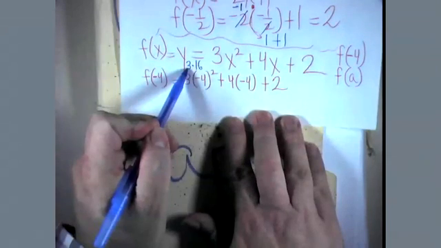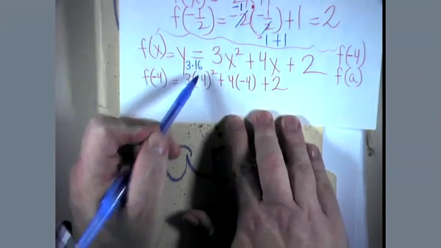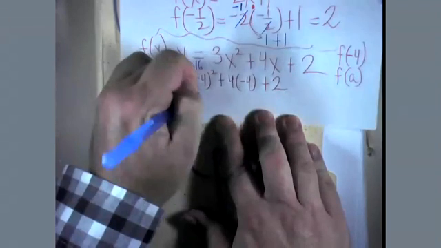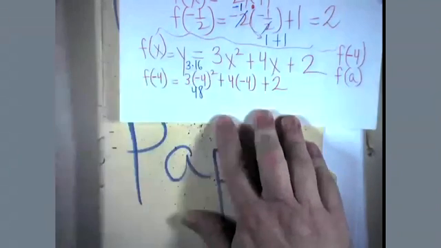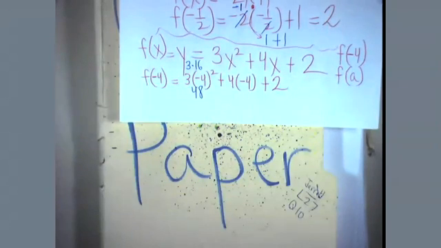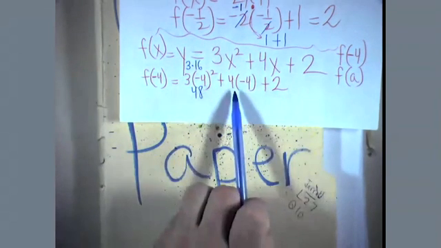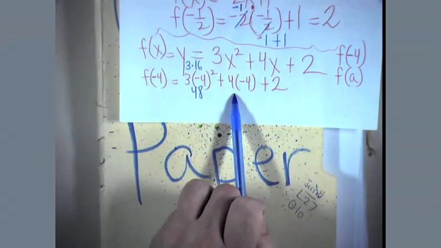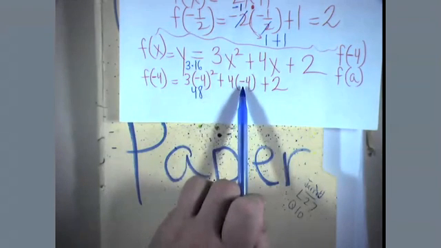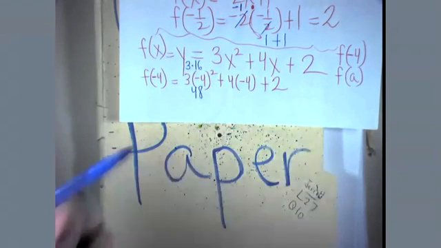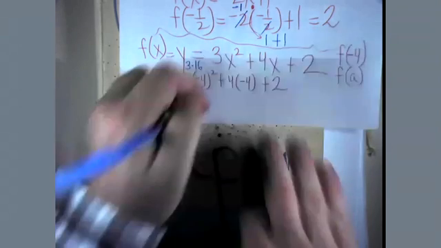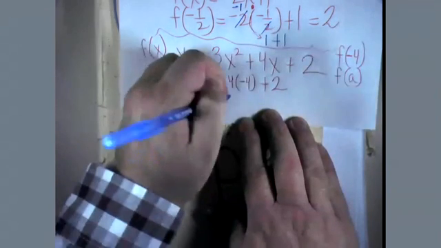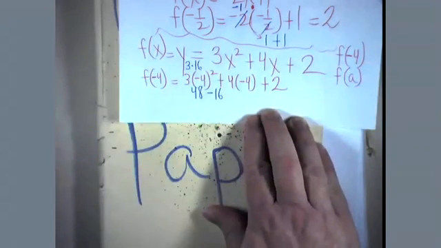So when we multiply that 16 by 3, that gives us a positive 48. In the middle, we're multiplying a positive 4 times a -4. So a positive times a negative will give you a -16. And bring down the plus 2.